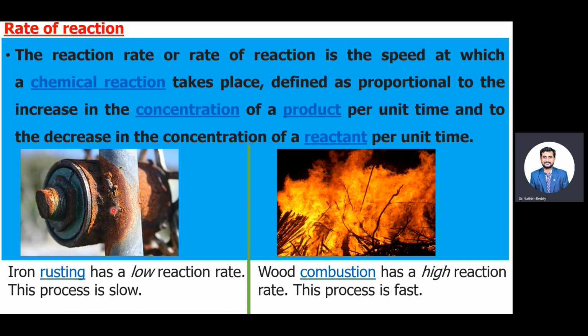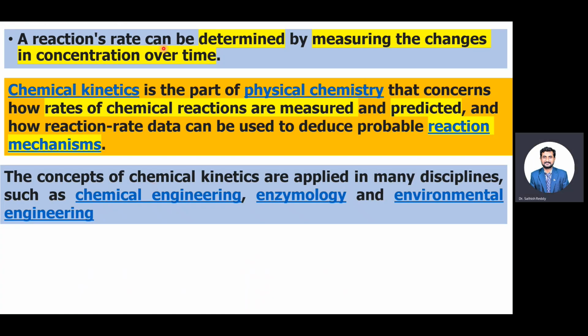So we are measuring the rate of reaction with respect to concentration of reactant over time, or concentration of product over time. So reaction rate can be determined by measuring the change in concentration over time.